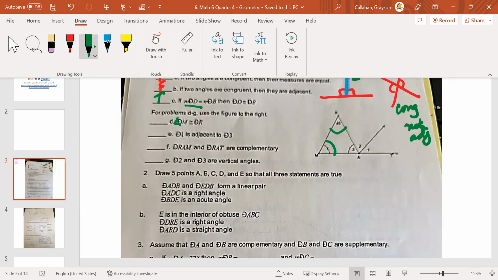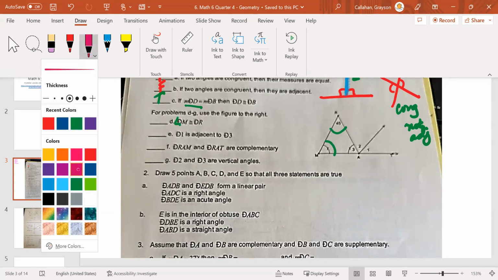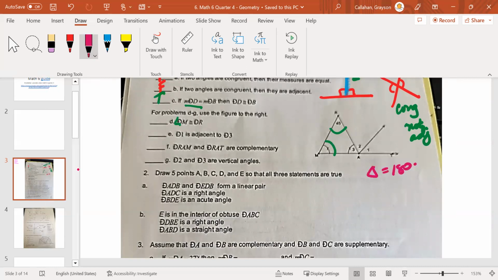No, not necessarily. So, okay, in a triangle it's going to be 180 degrees, right? This angle is 45, so let's subtract 45 from both of those. If I subtract 45 from both of them, this will give me 135, right? You see how these two angles are exactly the same?